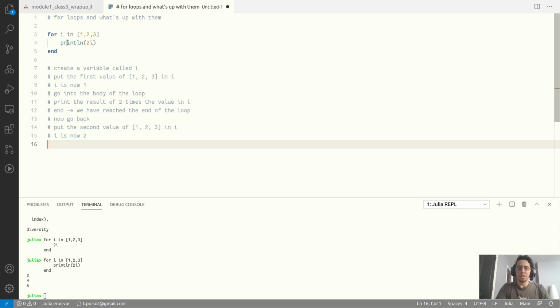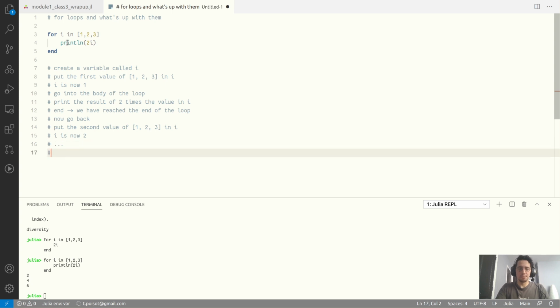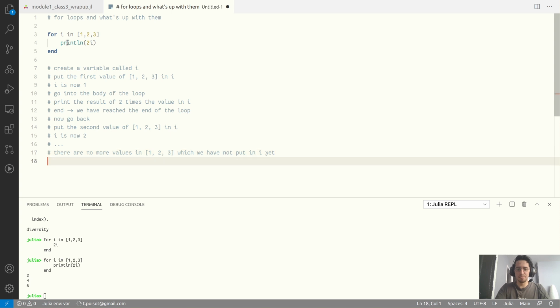We do that over and over again, right? Up until the point where there are no more values in 1, 2, 3 which we have not put in i yet. Loop done.